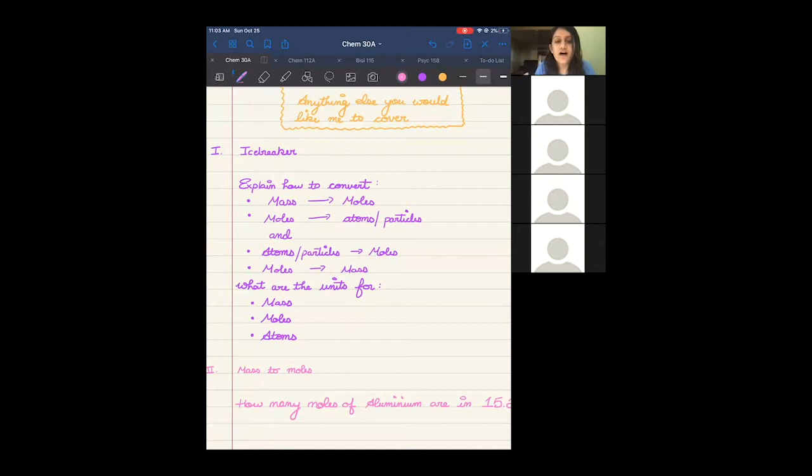Just look at the question, try to process what it is asking, attempt it, and put the answer in the chat. What do you need to go from your mass to moles, or moles to atoms?